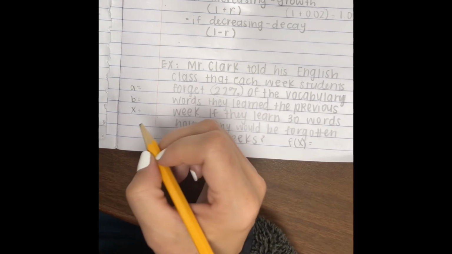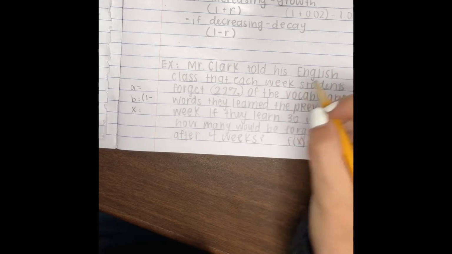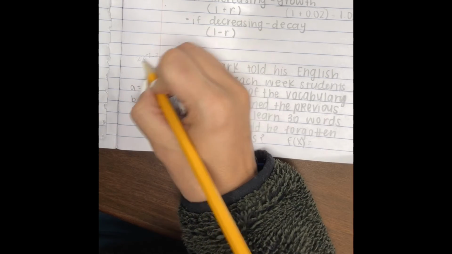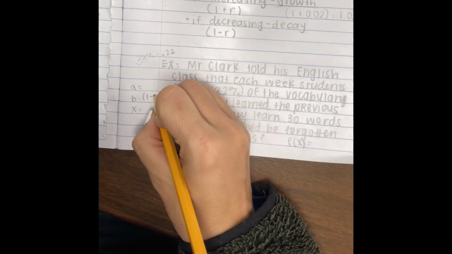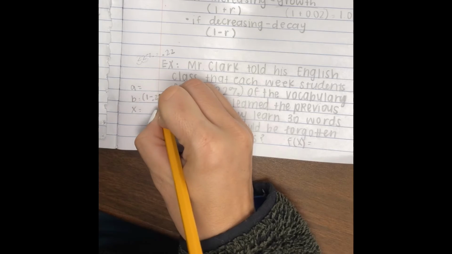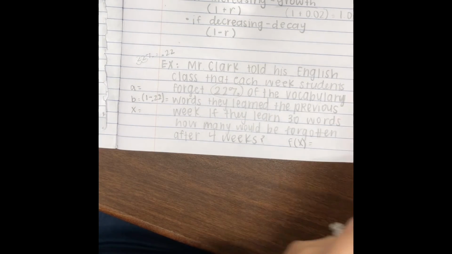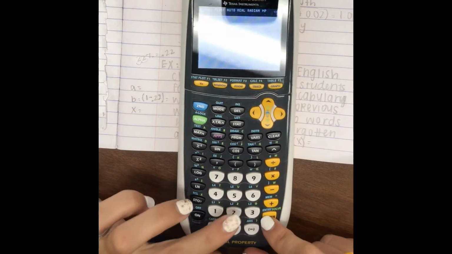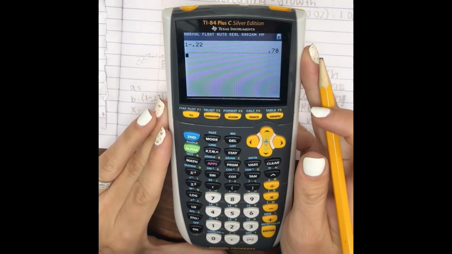Okay, so we're going to have 1 minus, not 22%, right? 22% would be, move that decimal 2 times, so it would be 0.22. So 1 minus 0.22 gives us 0.78.